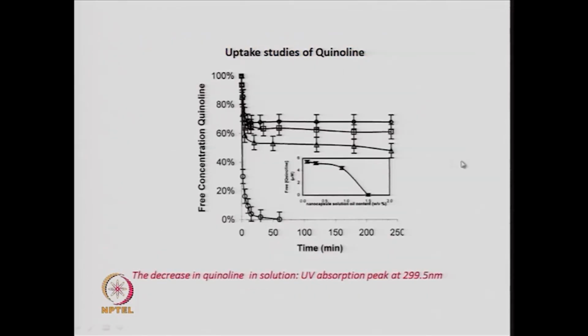If you increase the amount of oil in the core of this core shell structure, then the free quinoline is much less, because obviously the more the oil, the more quinoline can be trapped inside the core shell structure.